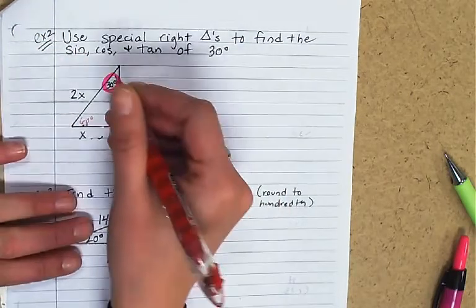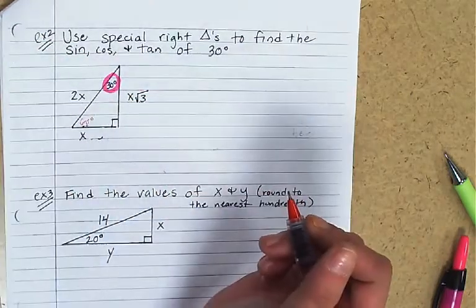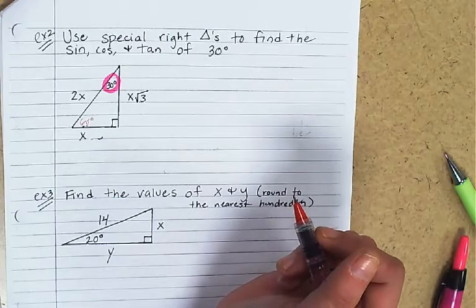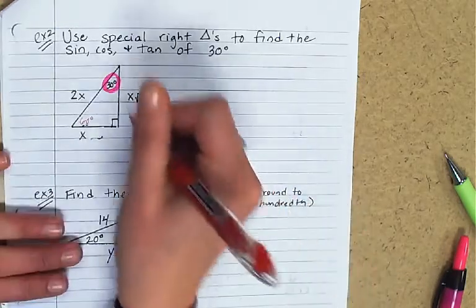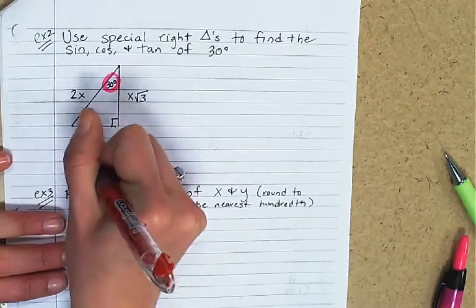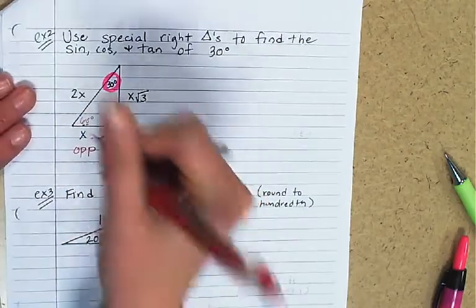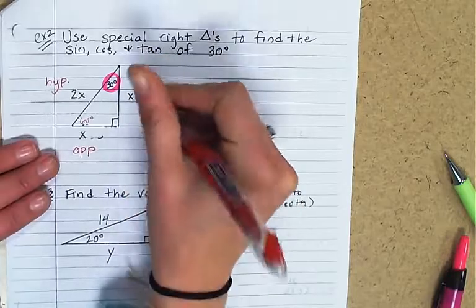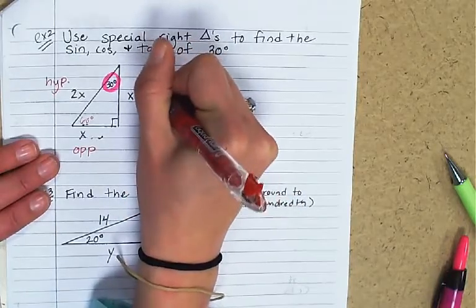So if I fill out what we know, let's list out the adjacent, the opposite, and the hypotenuse. So write those in. All the way across, here's our opposite. Across from the right angle is the hypotenuse. And the other side that's touching, that's our adjacent.